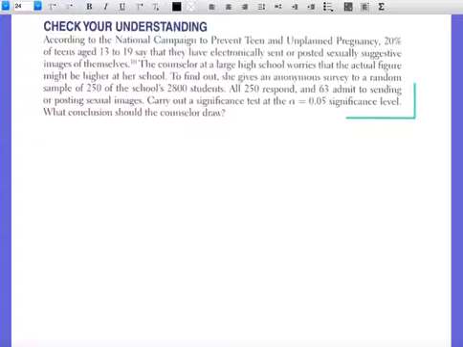Okay, so this is going to be another 4-step process. The first thing we have to do is state what's happening.